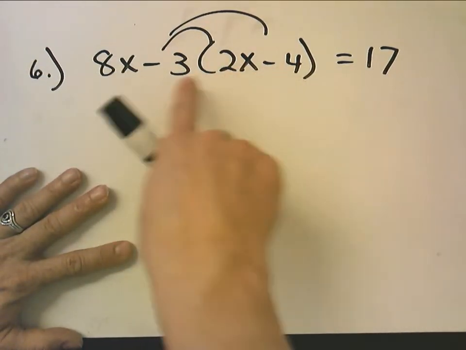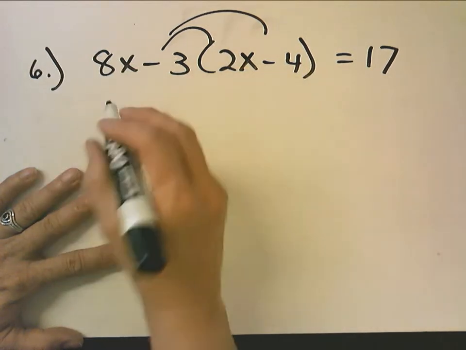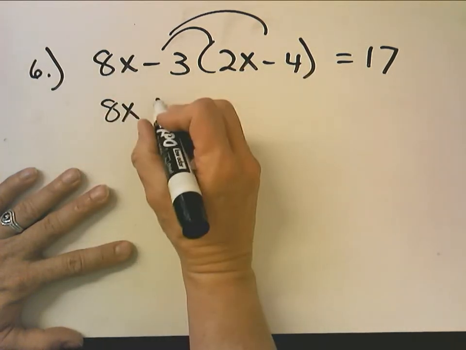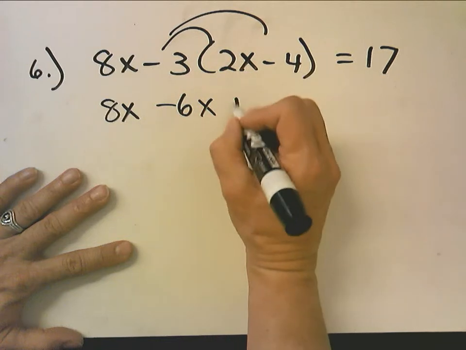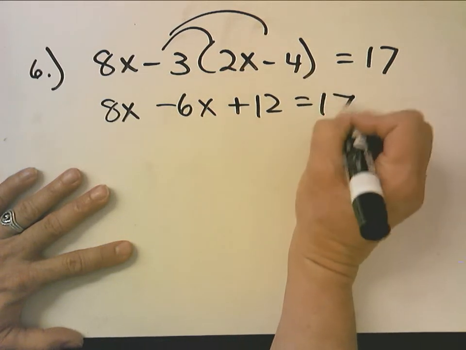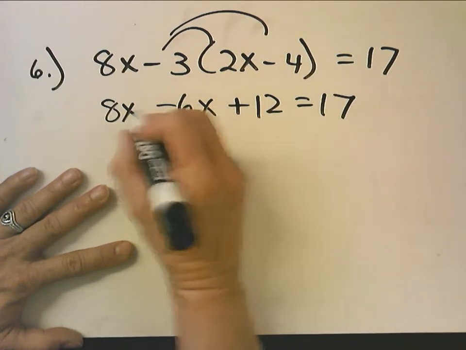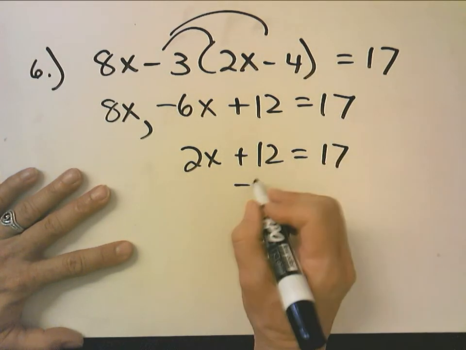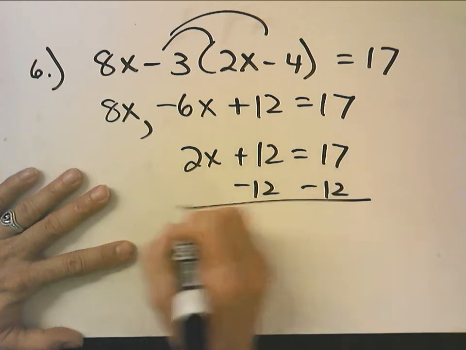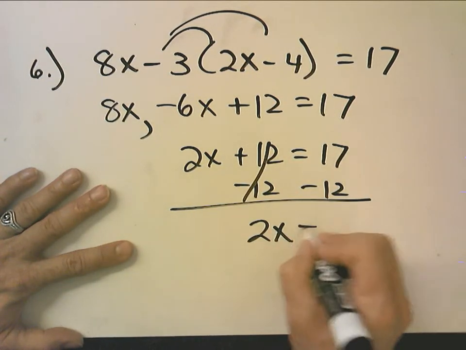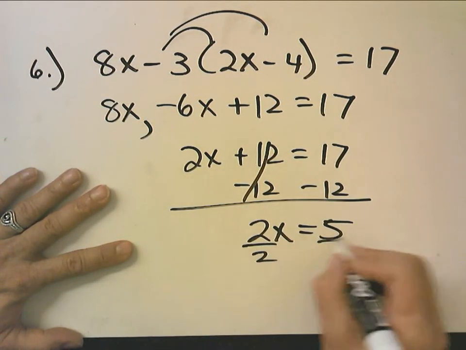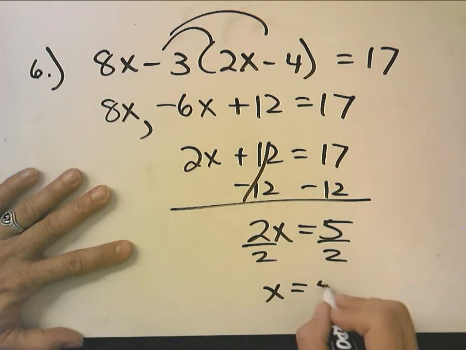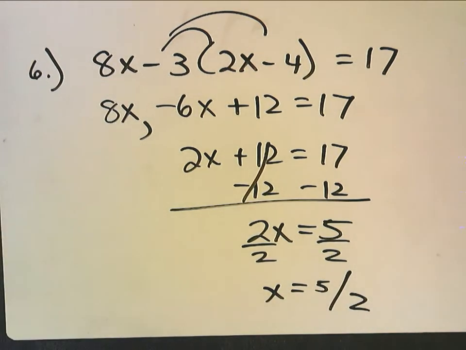Be careful to make this a positive because a negative times a negative is a positive. So 8x minus 6x plus 12 equals 17. 8x and negative 6x is 2x plus 12 equals 17. Subtract 12, subtract 12. 2x equals 5. Divide by 2, divide by 2. X equals 5 halves.